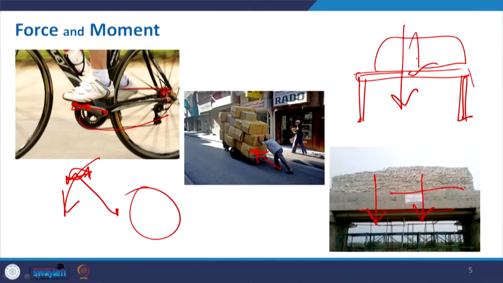The motion, definitely we have seen how applying a brake we can stop a moving vehicle, or we can start a motor to take a static one to a moving one. And for the moment, if we see here that if some load is put uniformly, there will be a moment.